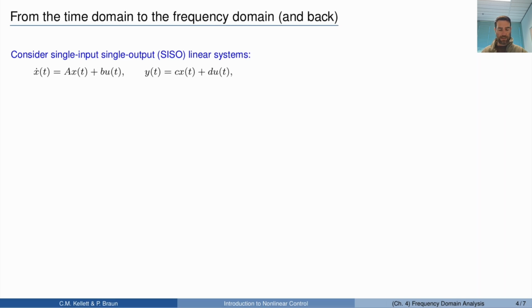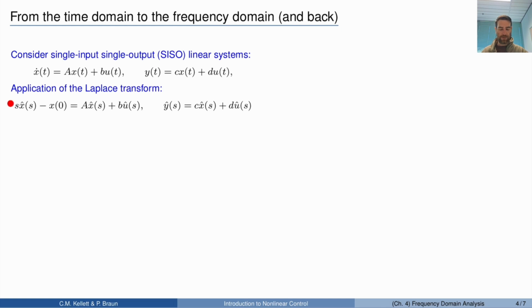Okay, so if we start with x dot equal to Ax plus Bu, y equal to Cx plus Du, then applying the Laplace transform here, since we have this linearity property, we can apply the Laplace transform to the individual components, meaning applying the Laplace transform to x dot, as shown on the previous slide, simply means multiplying x with s, and we get this initial condition, but we will set that to 0.